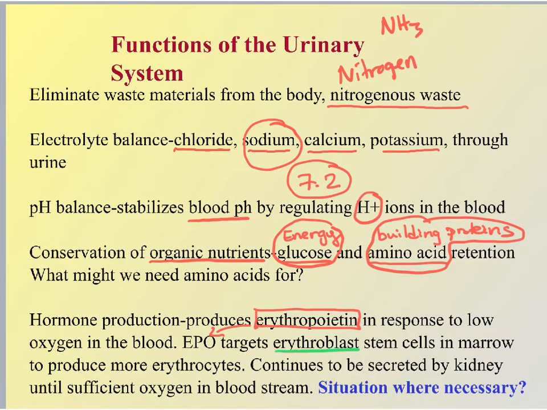And it's causing those immature red blood cells to mature very quickly and then leave the marrow and make their way into the blood. The more red blood cells you have, the more oxygen your blood can contain. And so that erythropoietin will continue to be secreted by the kidneys until enough oxygen is in the blood.